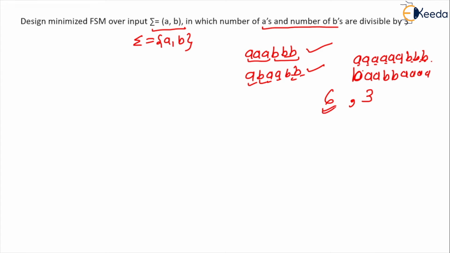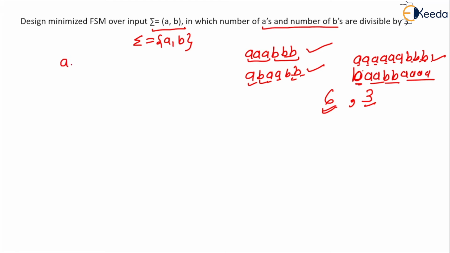So the number of A and the number of B both are divisible by 3, and this string is also accepted. In the same way, in this string the number of B is 3 and the number of A is 6. We just take the individual counts, not the total count. So when the number of A is divisible by 3 and the number of B is divisible by 3, in that condition the string should be accepted.